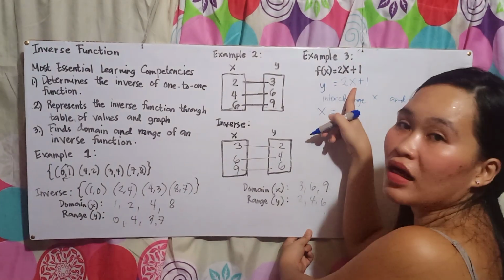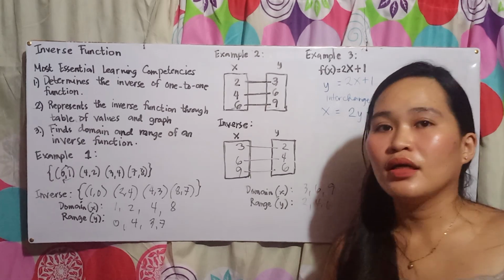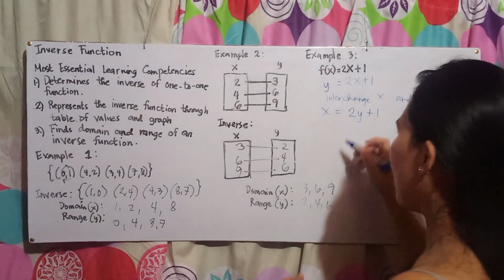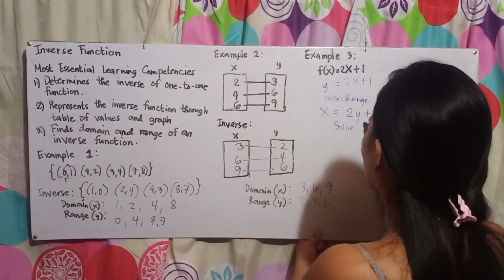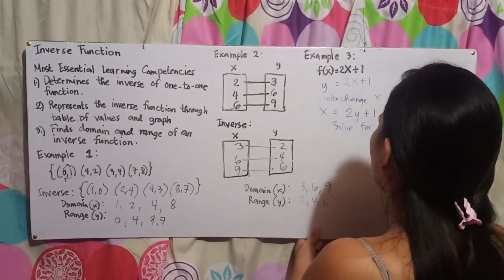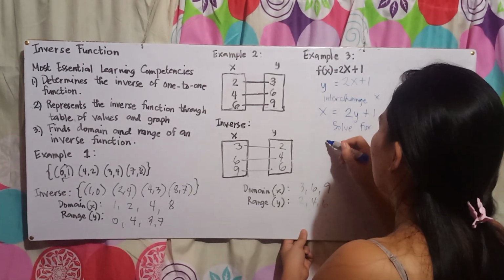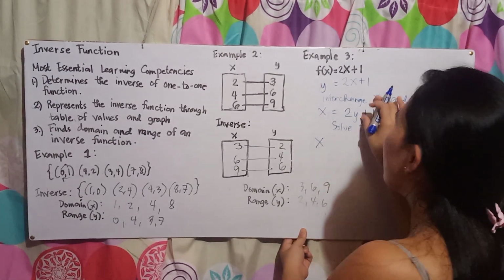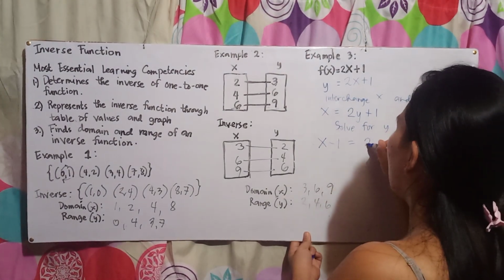Then, x man na dira, mahimo na siyang y. Then, solve for y. So, to solve for y, so magiging x, ang positive 1, ibalhin, mahimong negative 1 equals to 2y.